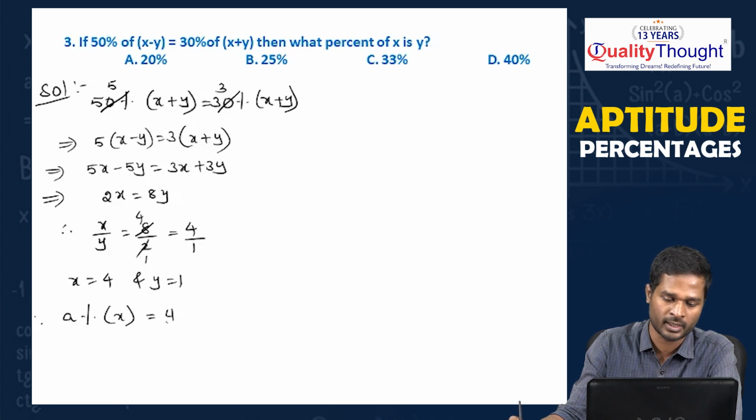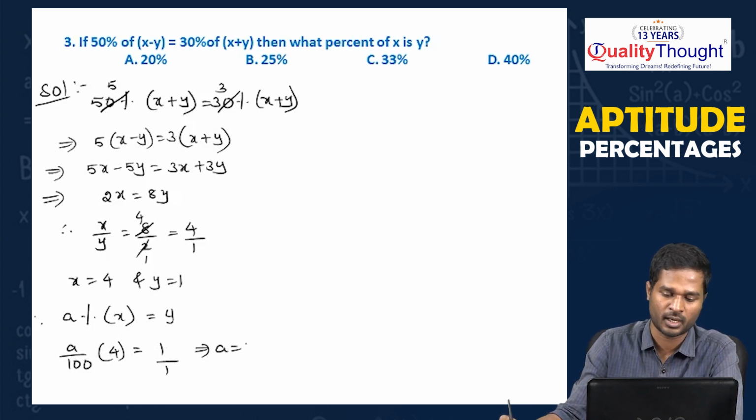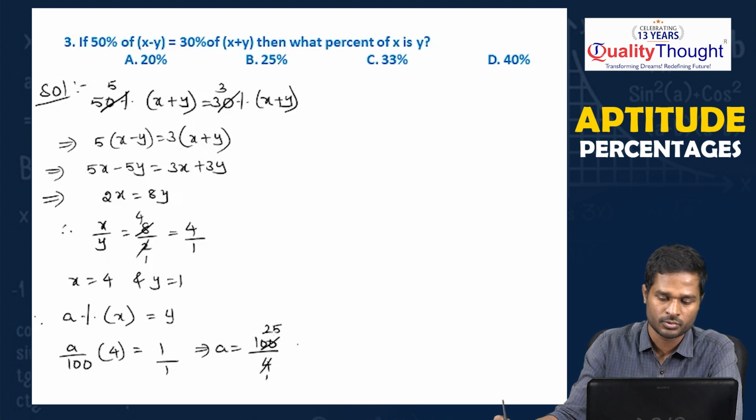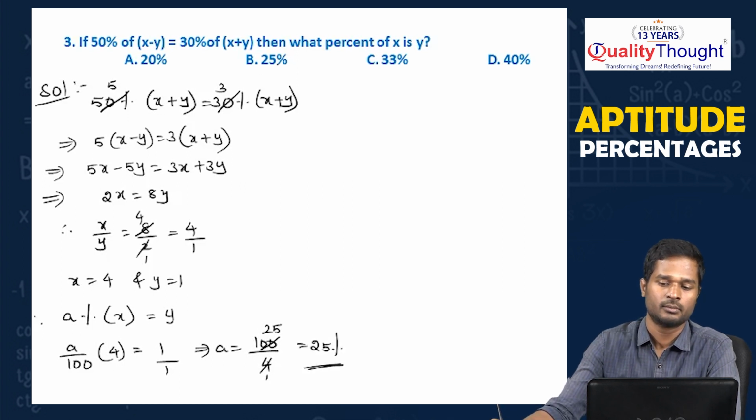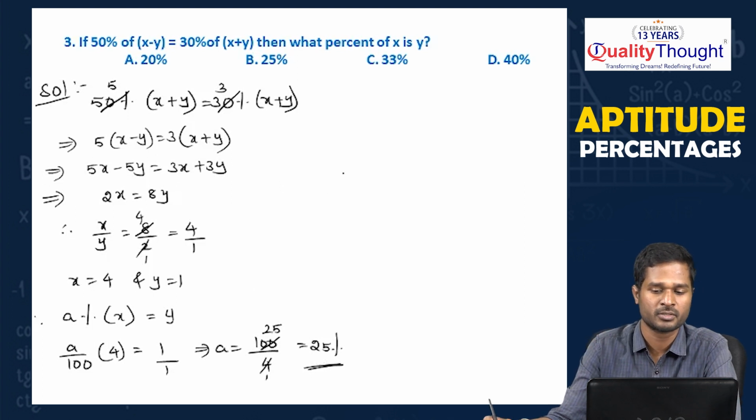The x value is 4, y is 1. So a is equal to, go for cross multiplication, 100 into 1 is 100 by 4 into 1 is 4, 4 ones are 4, 25s are 100. So it is 25 percentage. So 25 percentage of this x will become y. This is how you can solve this question.